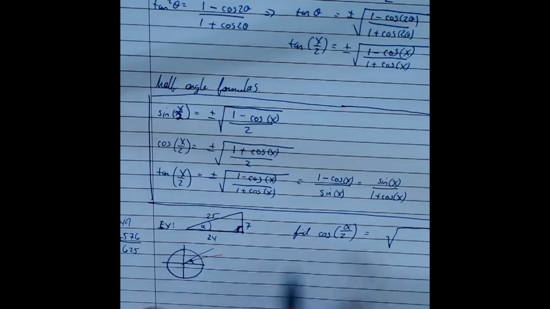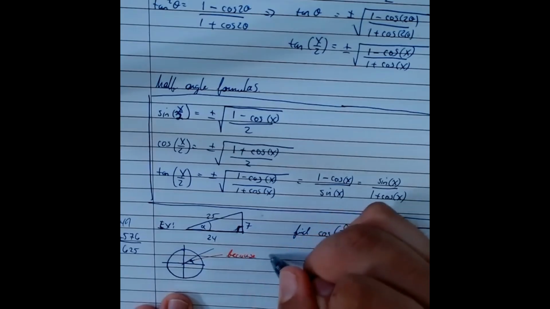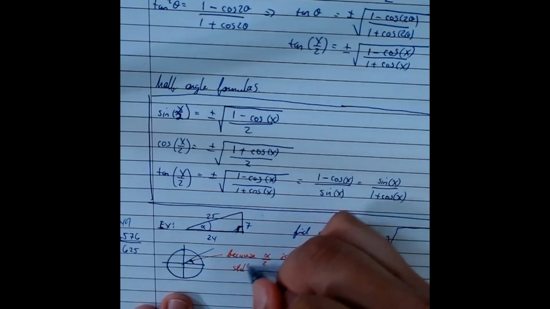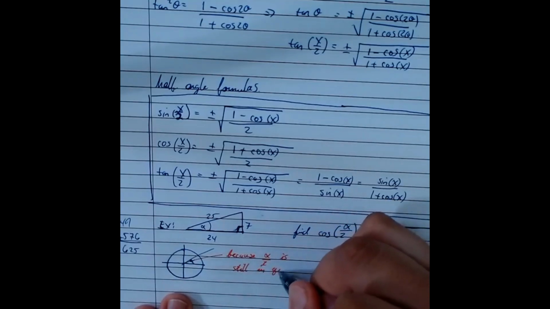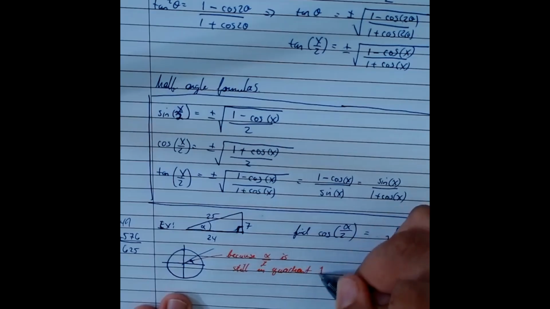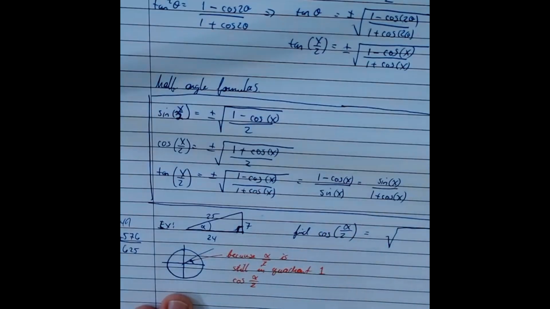So then its cosine should also be positive. So because alpha over 2 is still in quadrant 1, that means that the cosine of alpha over 2 is going to be positive.